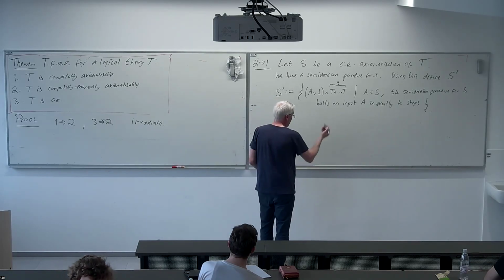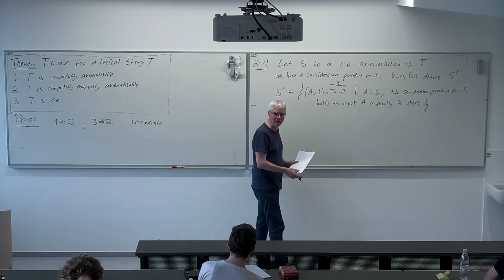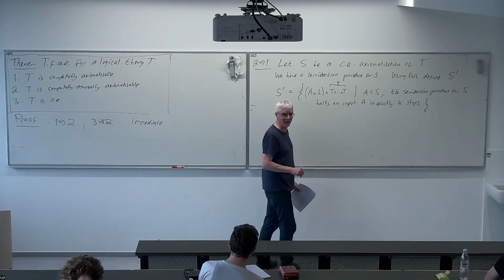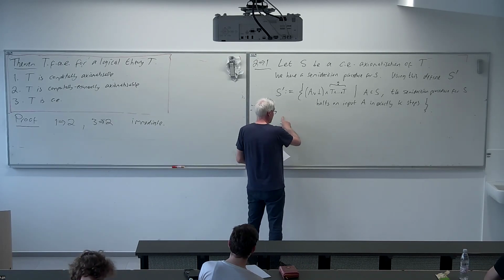I'm not going to write all that down, but I've explained it. You can watch the video if that was too fast, or look in the later lecture notes for a bit more explanation.